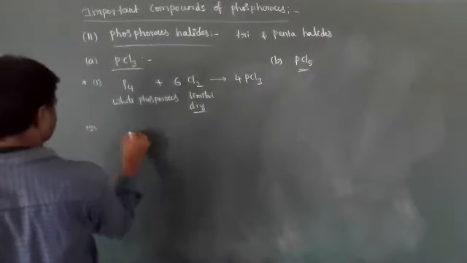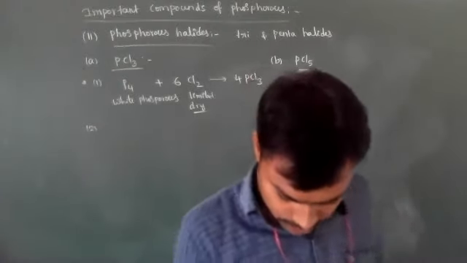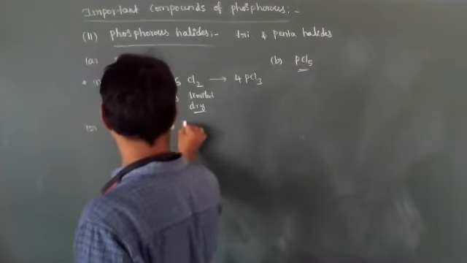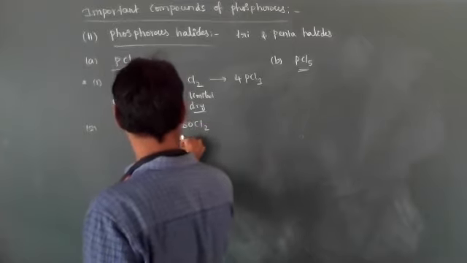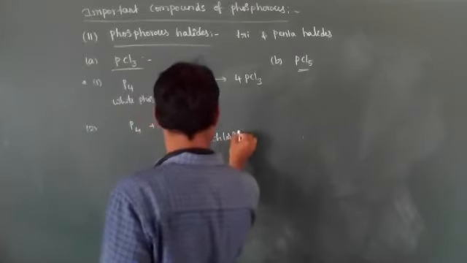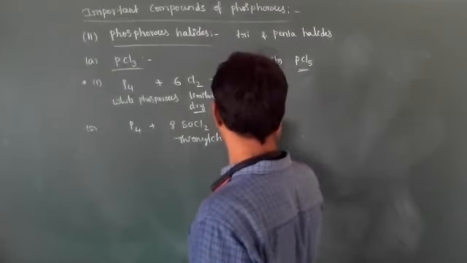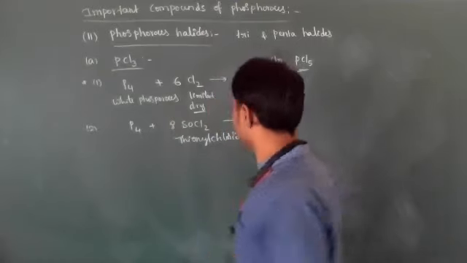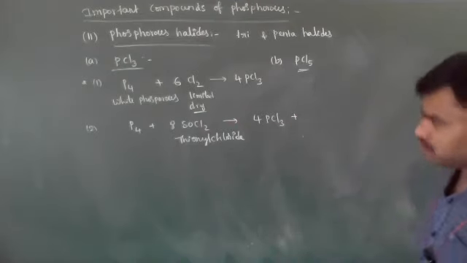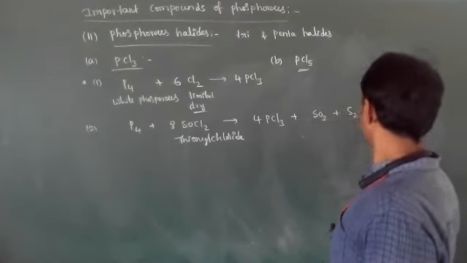The second one is white phosphorus P4 reacting with 8 moles of SO2Cl2, sulfuryl chloride, forming PCl3 plus SO2 plus S2Cl2.